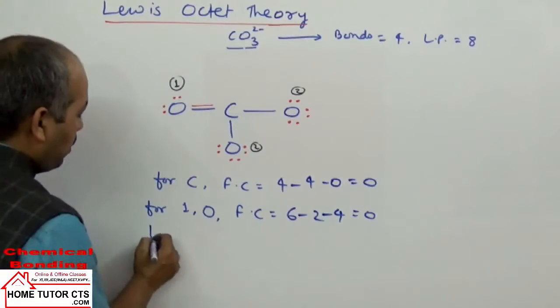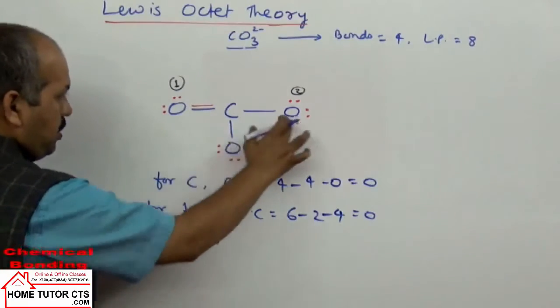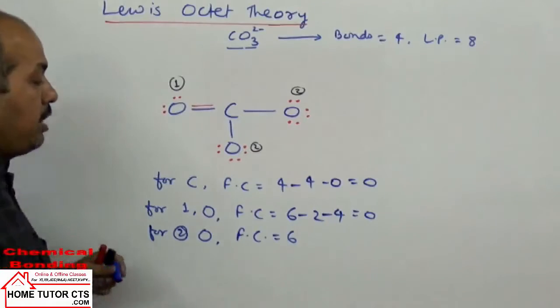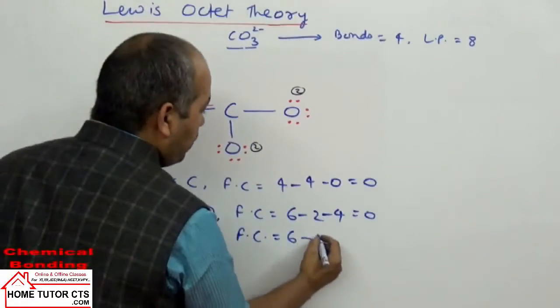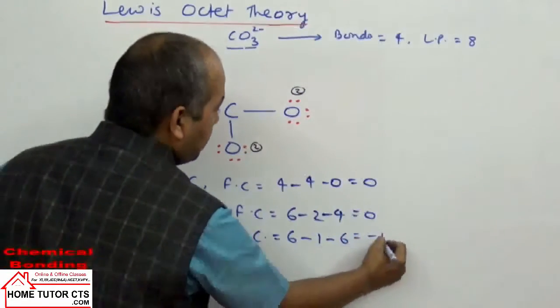If I take oxygen number 2, the second oxygen, what is its formal charge? Again, oxygen has 6 electrons in the valence shell, minus 1 bond, minus 6 non-bonding electrons, which will be minus 1.